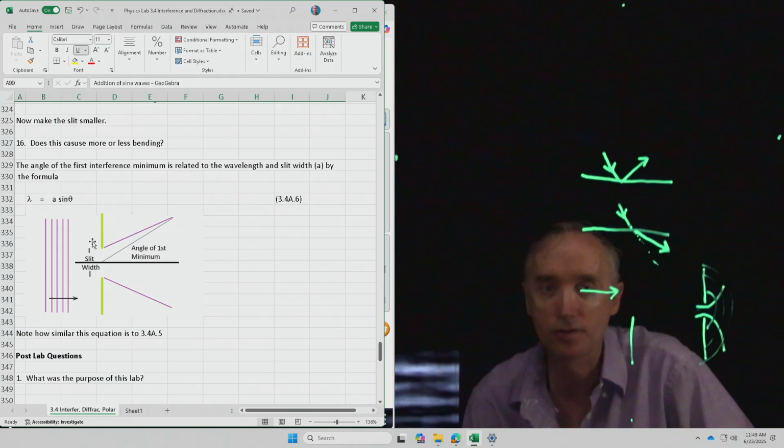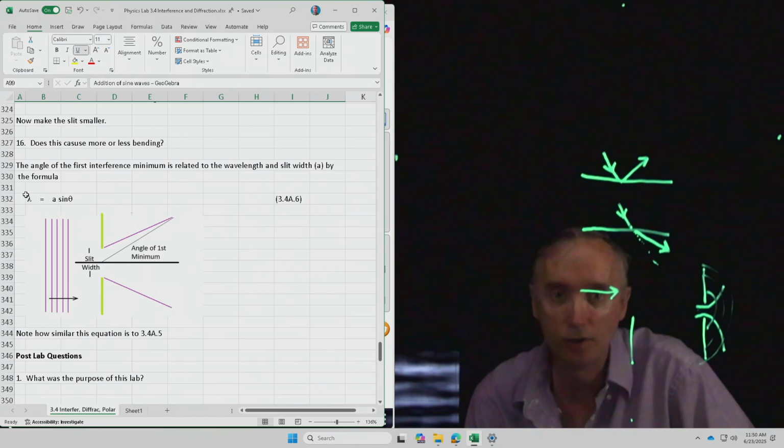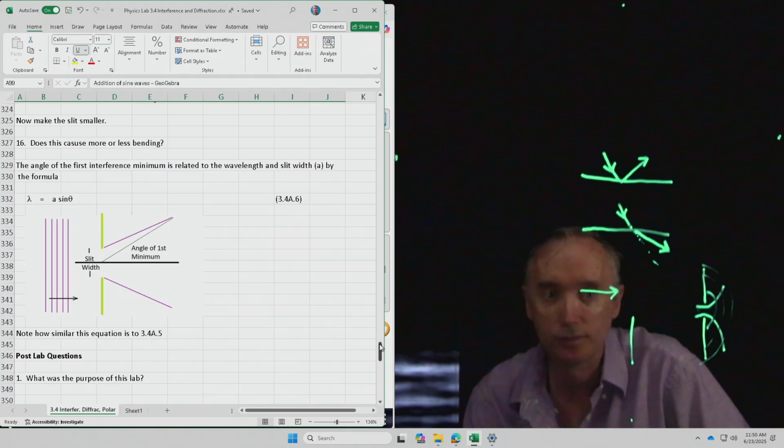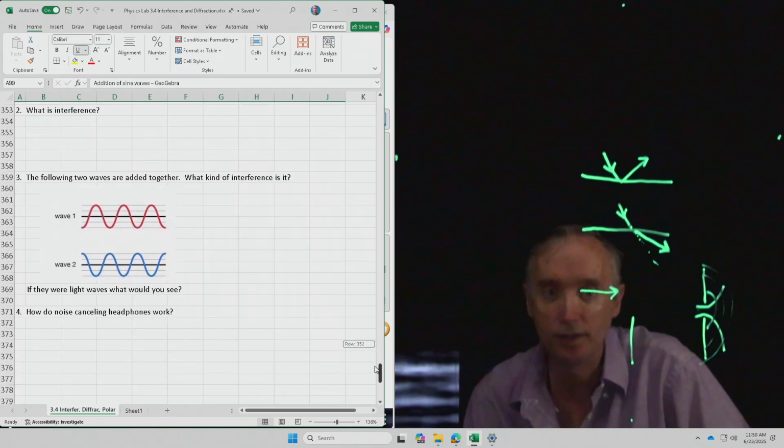So you can also do it using this as well, because you're going to know what's happening to the wavelength, and you know what's happening to the slit. Now the slit is the same.